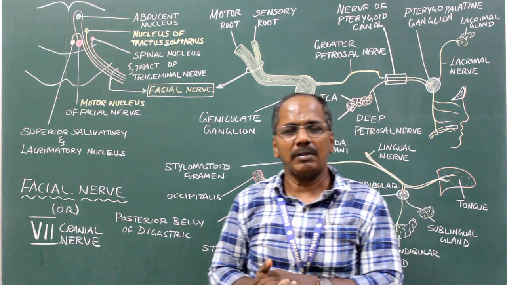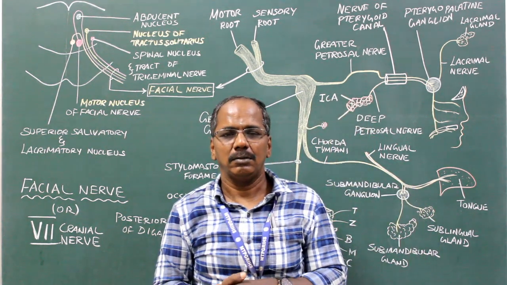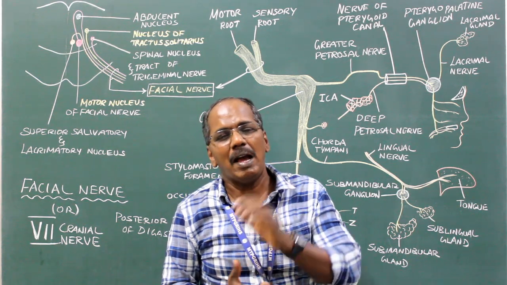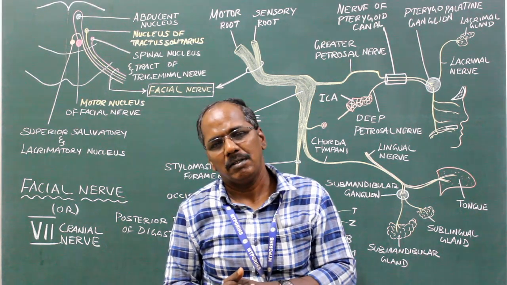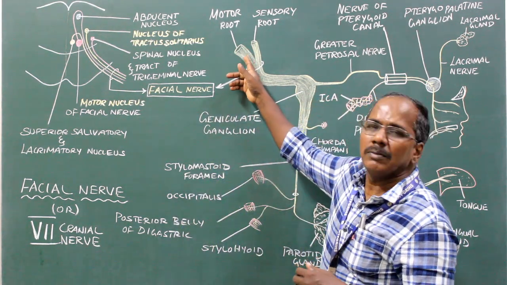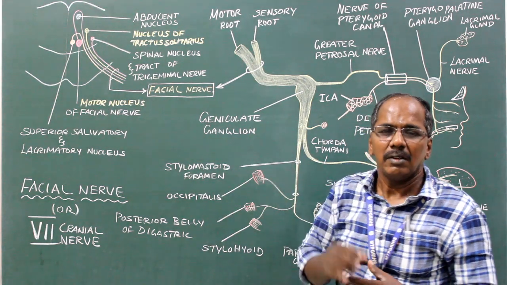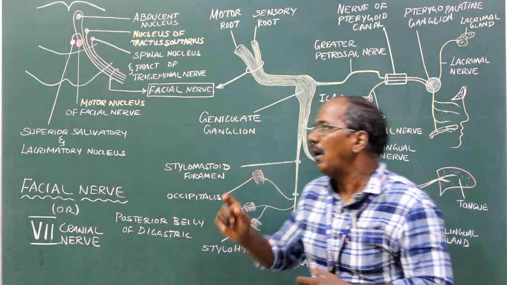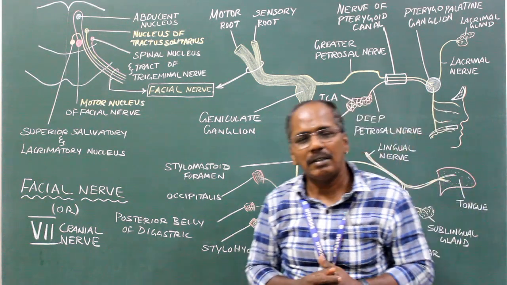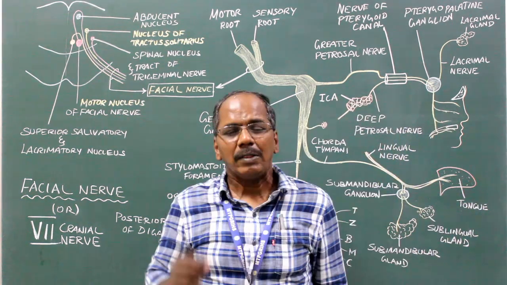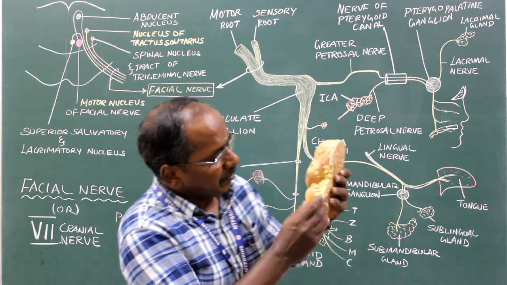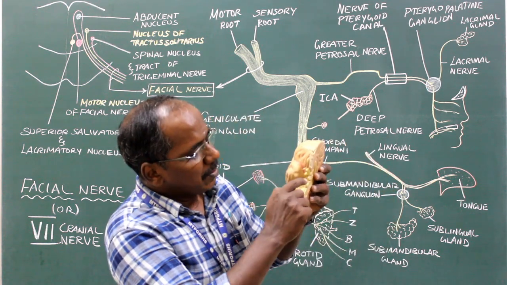Course and relations of the facial nerve. The facial nerve has two main roots. A large motor root known as facial nerve proper and a small sensory root known as nervus intermedius. The two roots of the facial nerve arise from the lower border of the pons.